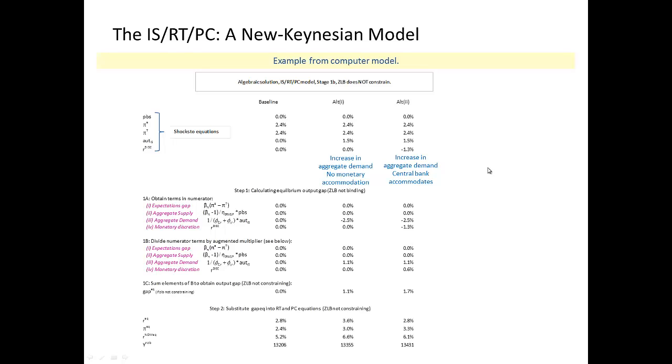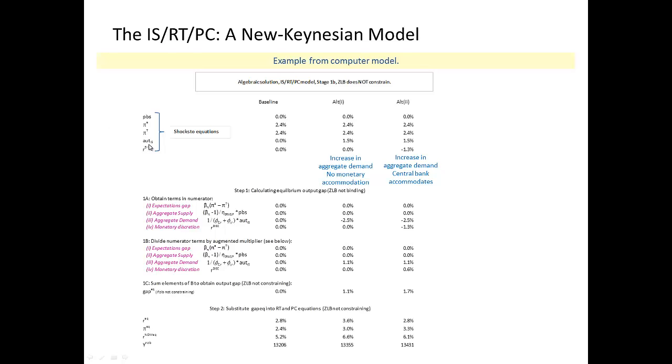Okay, this will actually be a familiar example. Over here on the left-hand column, this is the baseline assumption for shocks. These are all the shocks. Productivity-based shocks, that's the short-run aggregate supply curve. Here's the expected inflation. Here's the target inflation rate.